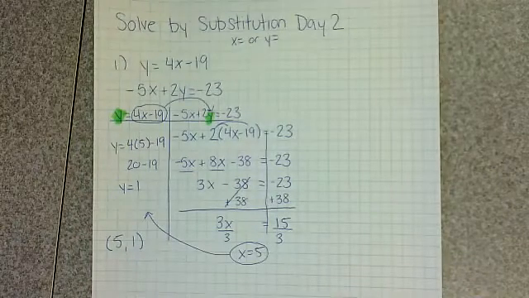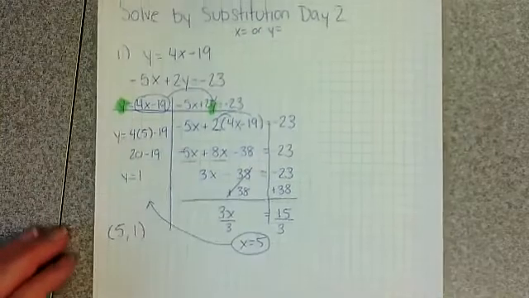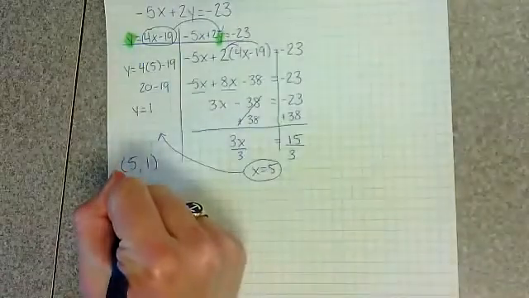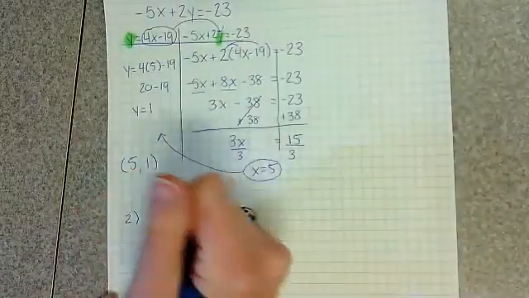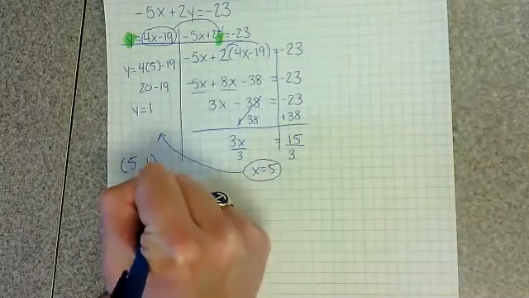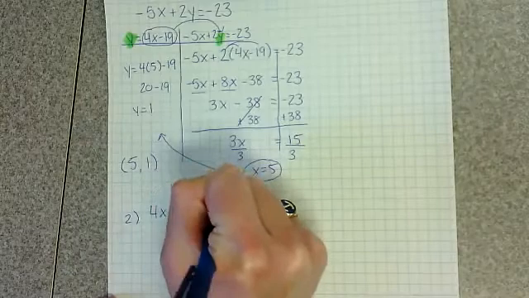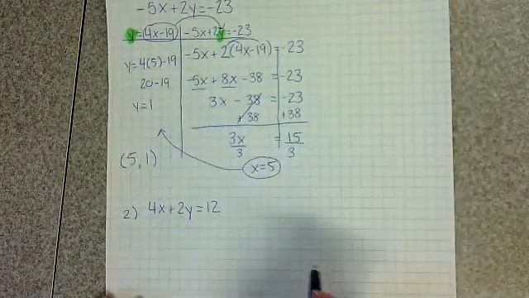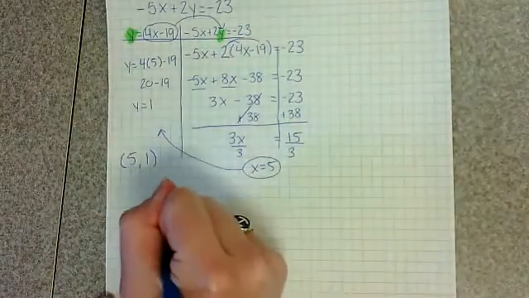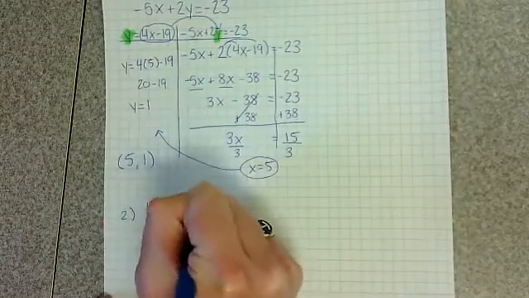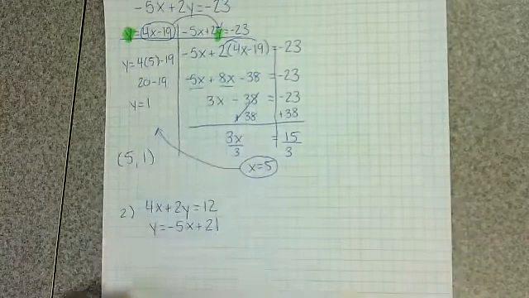So there's the first example. Let's try another one. I'm going to come down here. So our second example, 4x plus 2y is equal to 12. And y equals negative 5x plus 21.